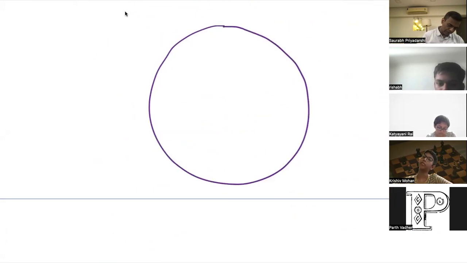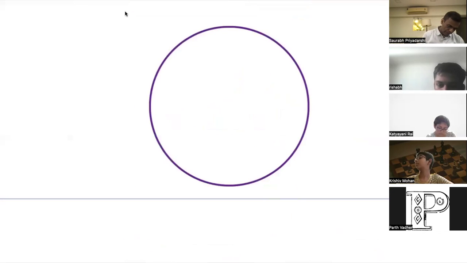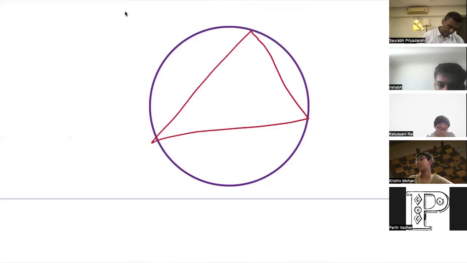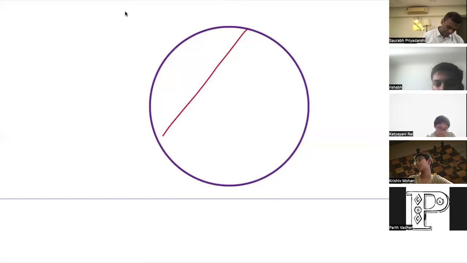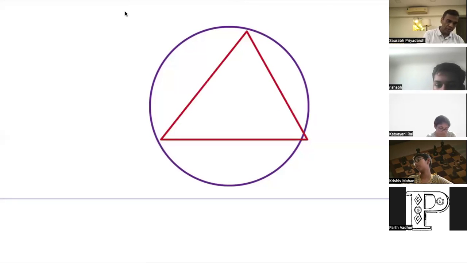This is a circle. We have to form a triangle. Right? And this is a triangle.